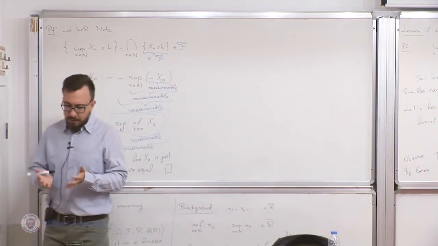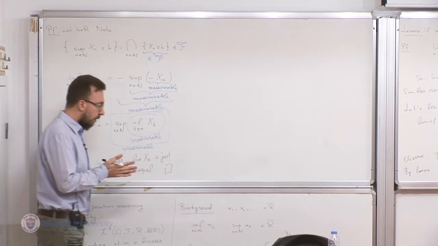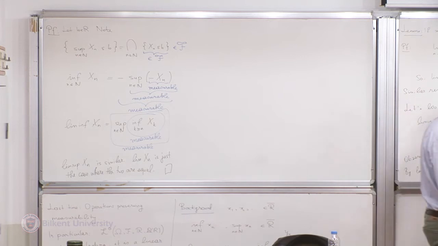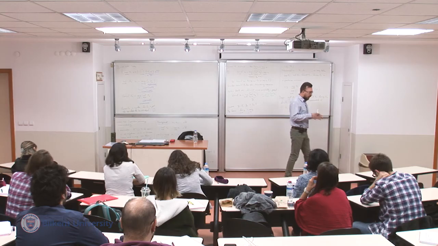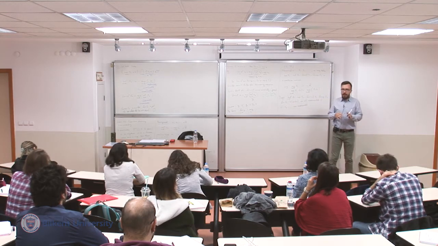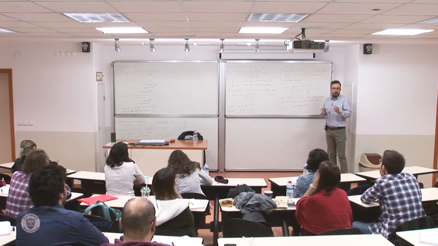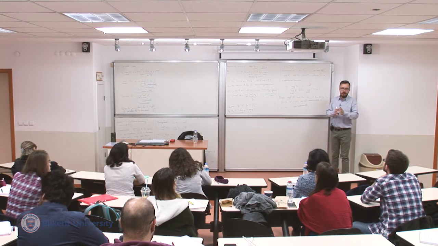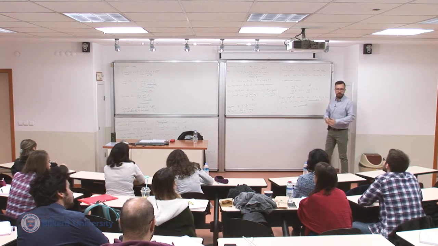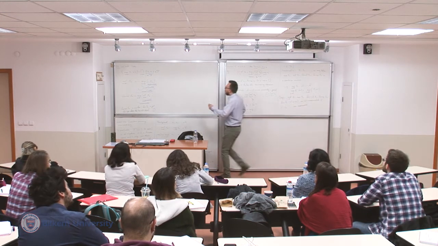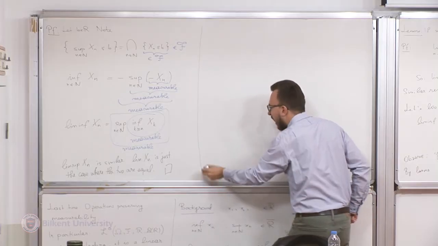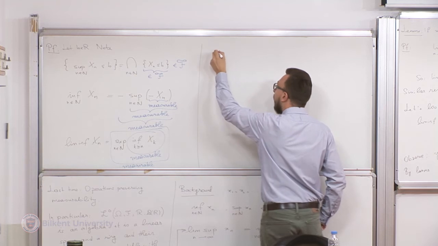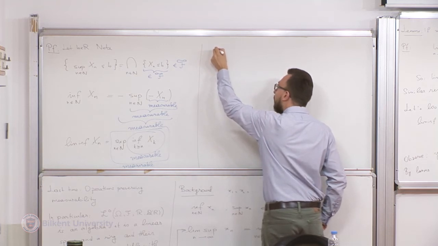Okay, so this is about infimum and supremum of random variables, infinitely many random variables, a sequence of random variables. But not all the time are we interested in infinite sequences, but sometimes we are just interested in 3 or 4 random variables. So let's also say we can define the maximum and minimum of 2 numbers.